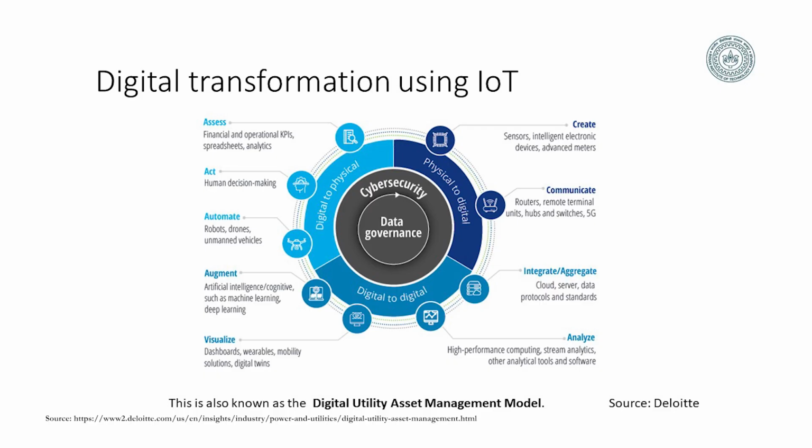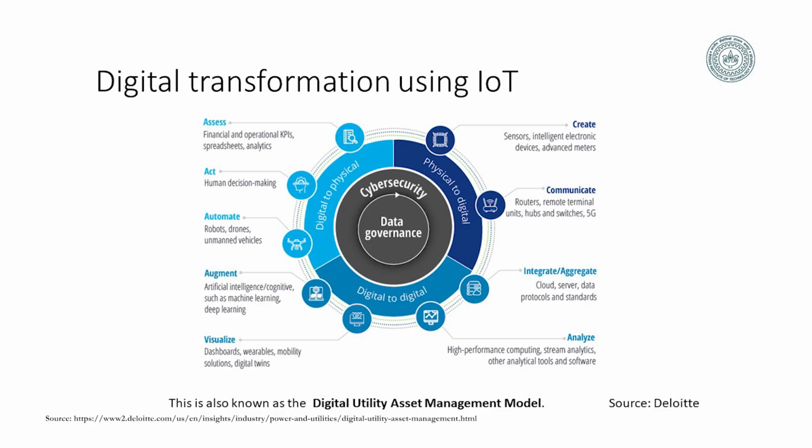So, first you have a create phase, okay, where you need to connect day to day objects with sensors, intelligent electronic devices, okay, and advanced meters. So, there you are creating the system, okay, and this is part of the physical to digital transformation. From the physical objects, you are going into a digital realm.